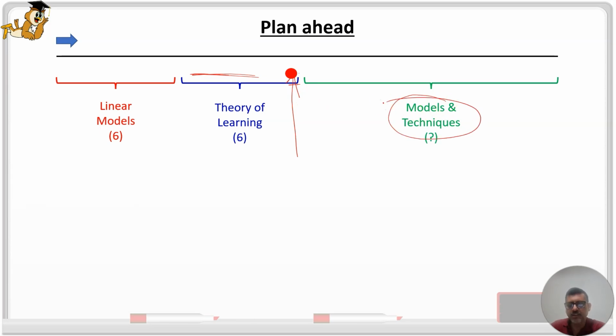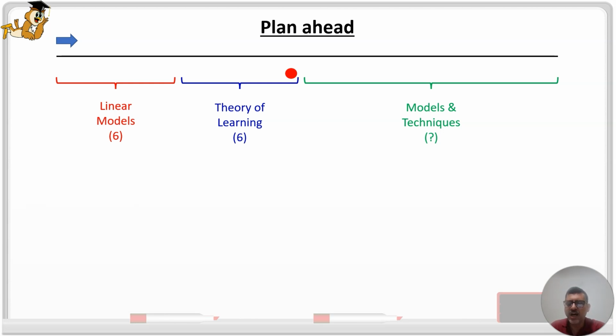We are done with the theory of learning that we had planned for this course. This is a pivot point, and from here onwards, we will start looking at models and techniques. We will look at neural networks, we will look at SVMs, we will look at Markov models, we will look at decision trees, and as we have been doing so far, we will look at all of them in great detail.